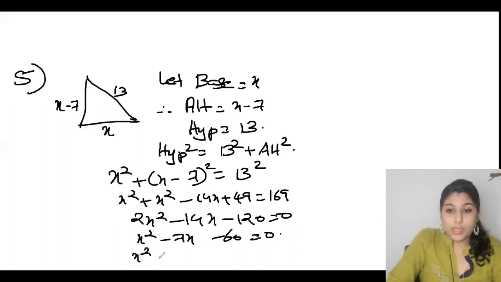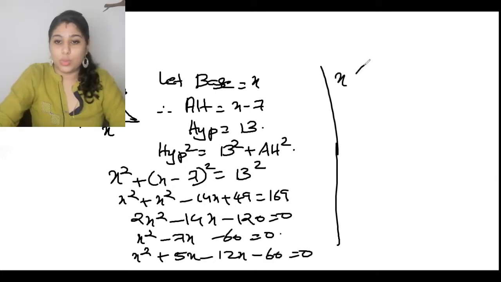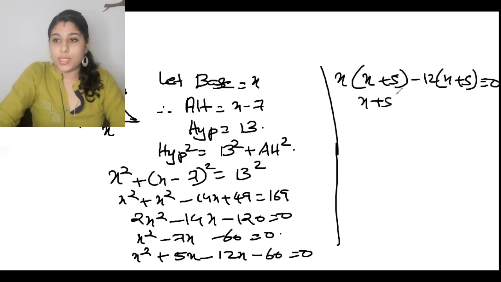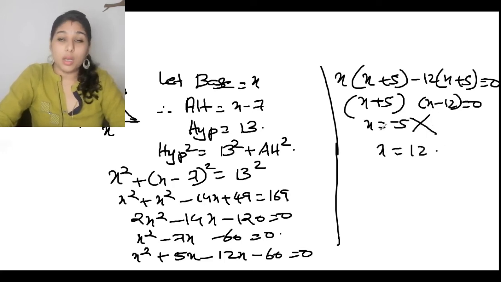So x square plus 5x minus 12x minus 60 is equal to 0. Taking x common, x into (x plus 5) minus 12 into (x plus 5) is equal to 0. So (x plus 5) into (x minus 12) is 0. So x can be minus 5 and x can be 12, but x cannot be negative 5 as it is a length.